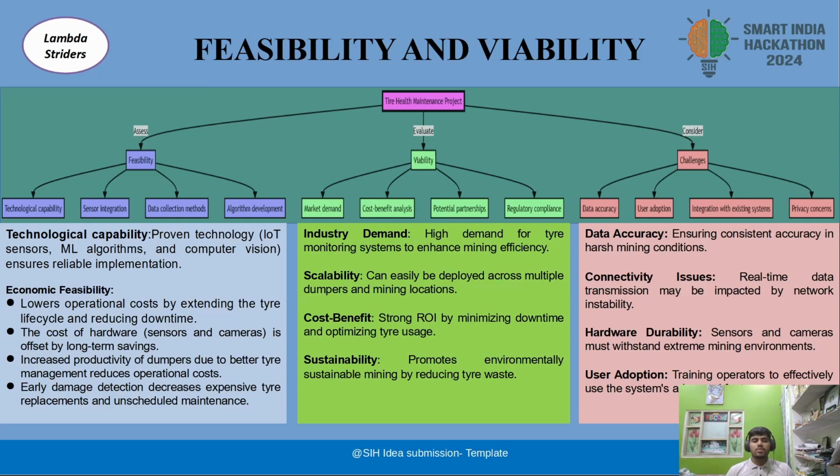Then there's economic feasibility. We are lowering operational costs by extending the tire's life cycle, and the cost of hardware, that is the sensors and cameras, would be covered by the long-term savings that this project is going to help us make. And there's increased productivity of developers due to better tire management and early damage detection, say through camera vision.